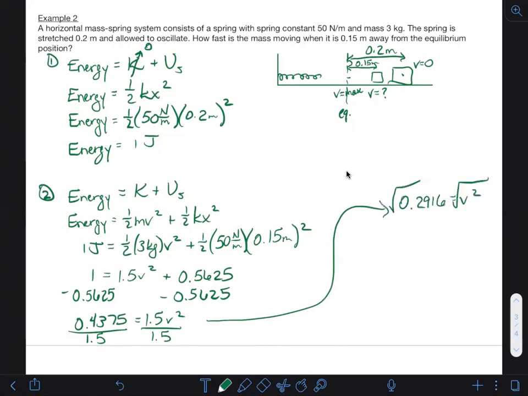And so a quick square root will tell us that at that location, we are going to be moving at 0.54 meters per second. Beautiful.